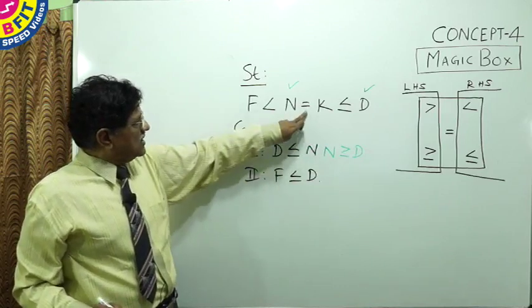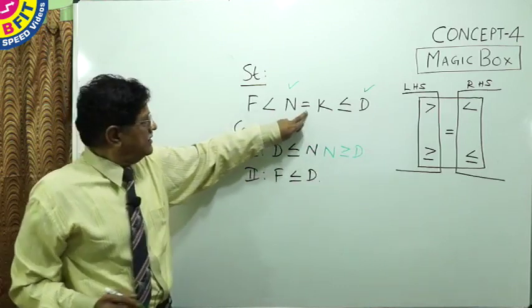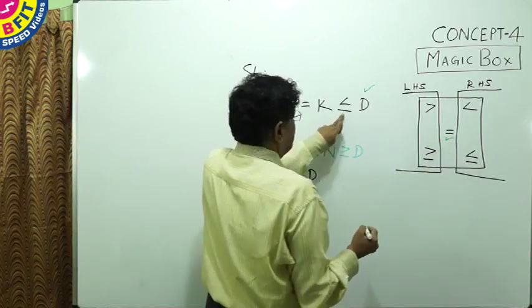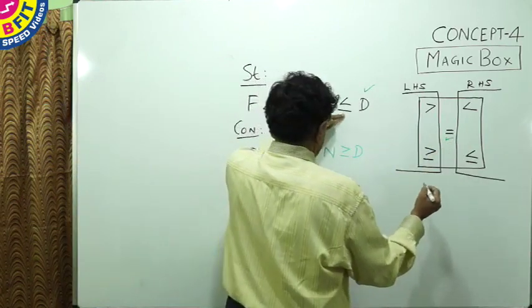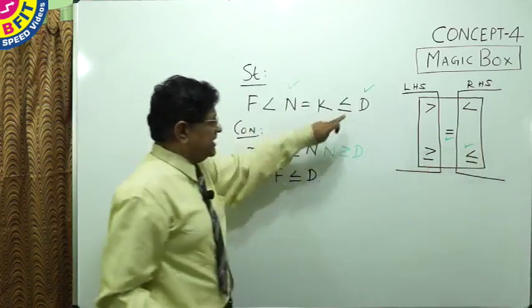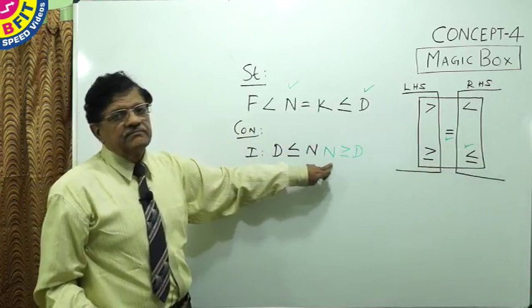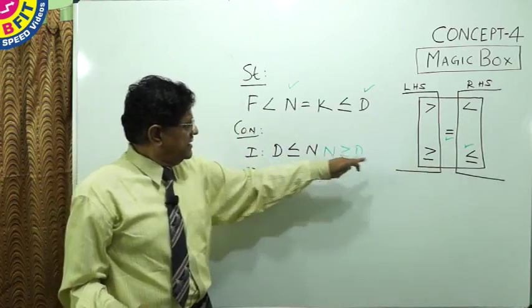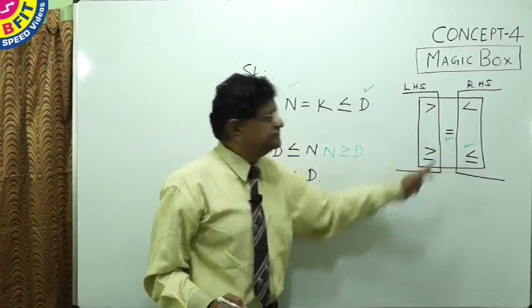Now which are all the symbols here? Is equal to, less than or equal to. These are the two symbols. If you look at the magic box, these are the two symbols.